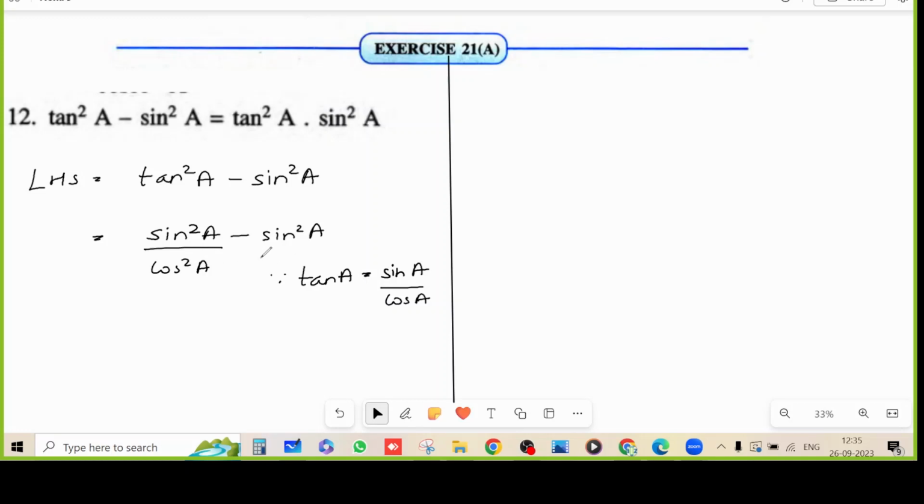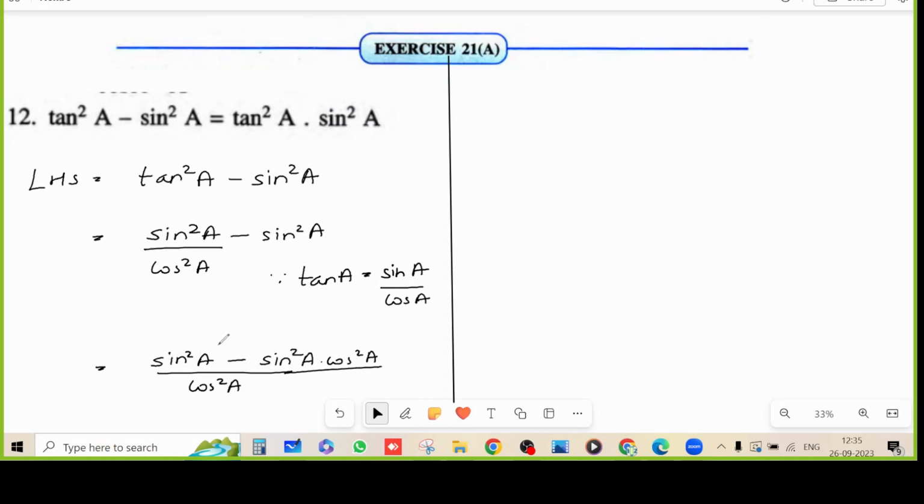Now we will take the LCM here. The LCM is cos square A. And the numerator here will get cross multiplied. So this will be sine square A into cos square A.